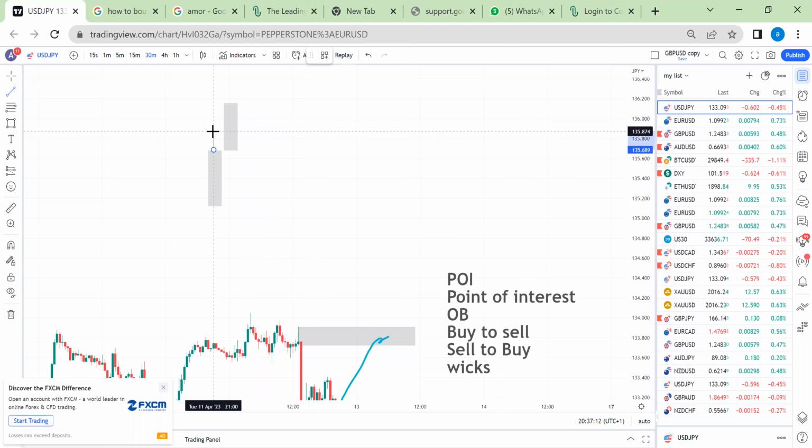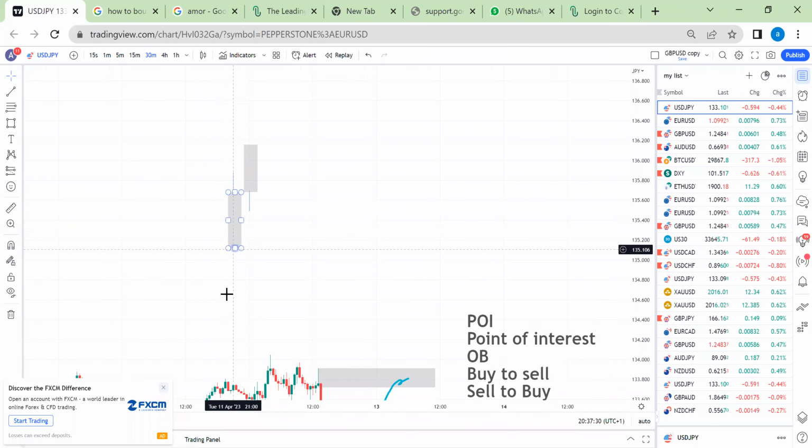This one has its wick there, and this one also has its wick right here. Just follow up, it's going to make sense. Now we also have upper wick and lower wick here, but I'm not interested in that. I'm only interested in these ones.